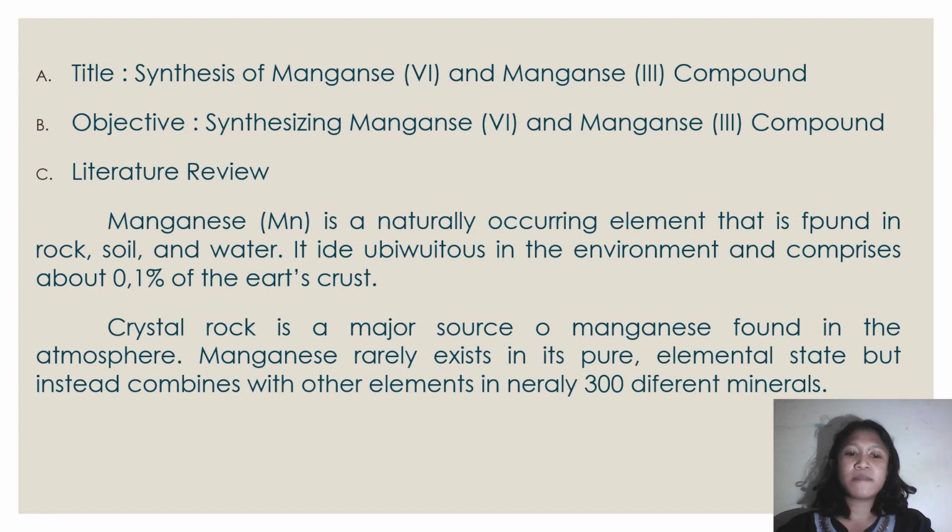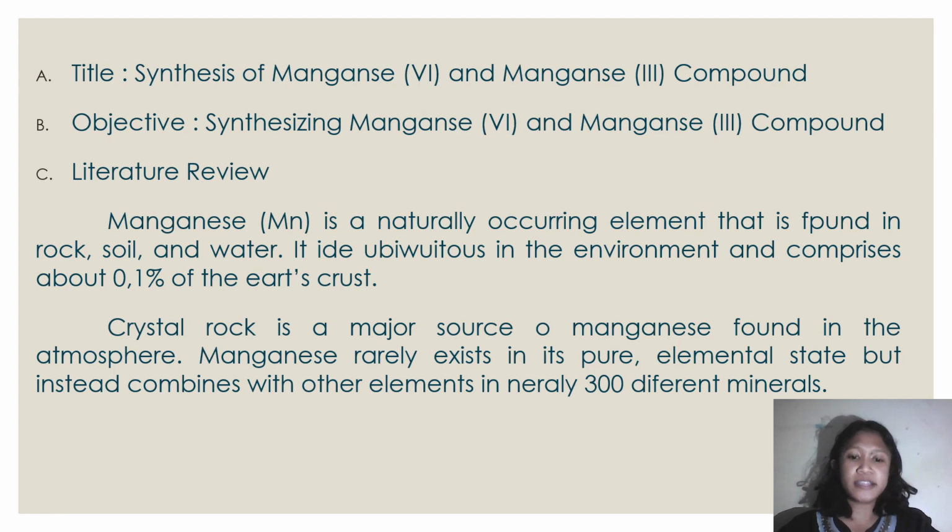Literature review: manganese is a naturally occurring element that is found in rock, soil, and water. It is ubiquitous in the environment and comprises about 0.1% of the Earth's crust.